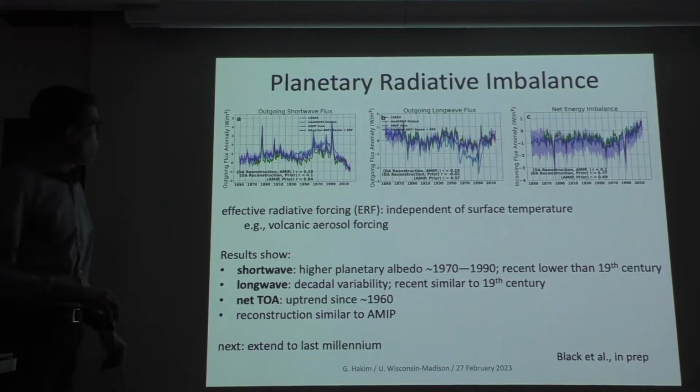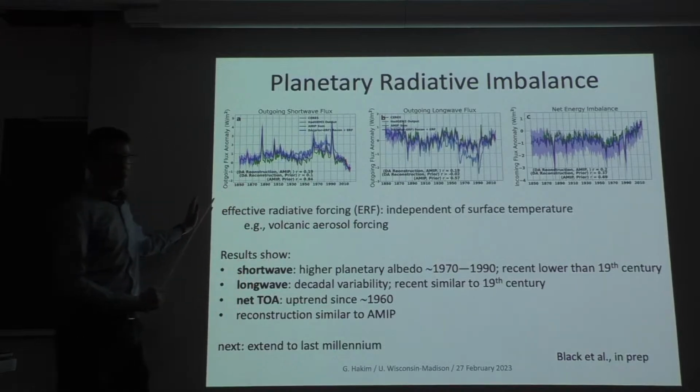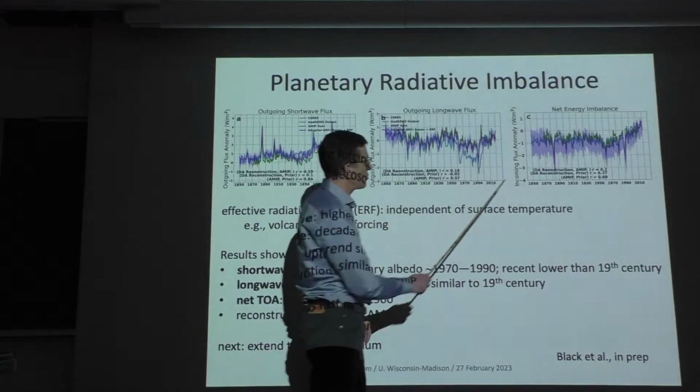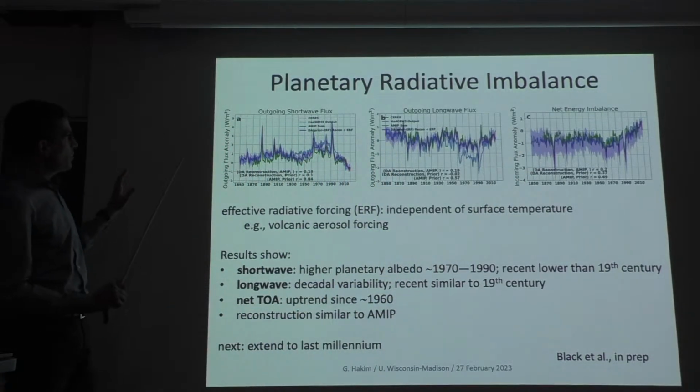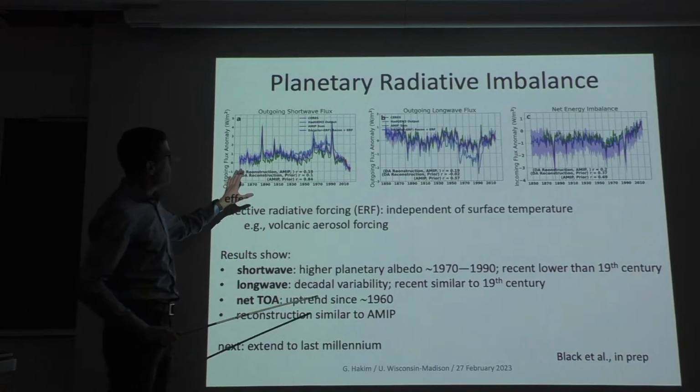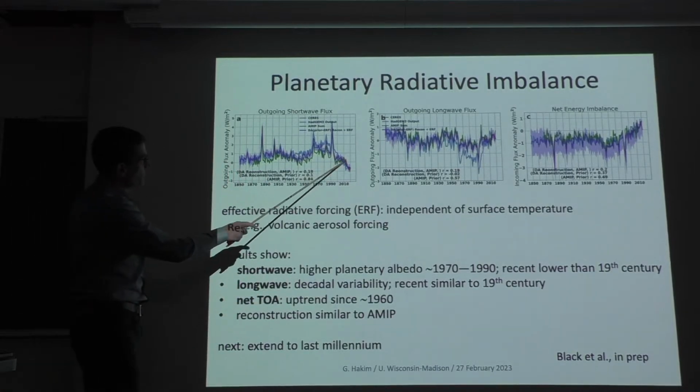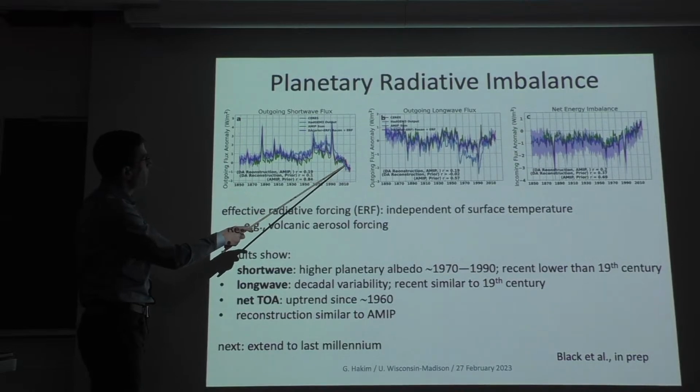And then we could go back to the late 19th century, so there's a lot of interest in things like climate sensitivity and what was going on back in the 19th century. You see a lot of agreement between these curves, and that's a good thing. So here's the satellite period right here.